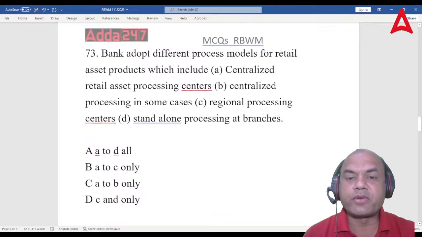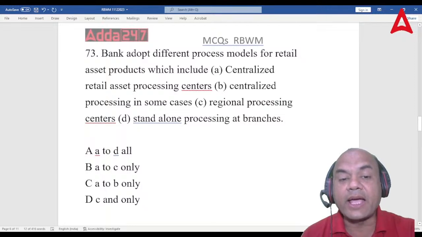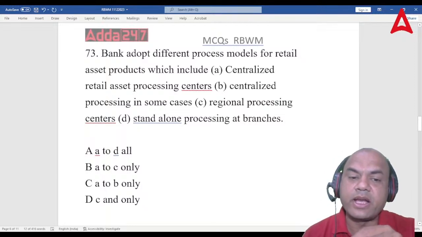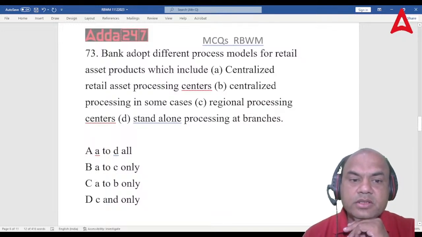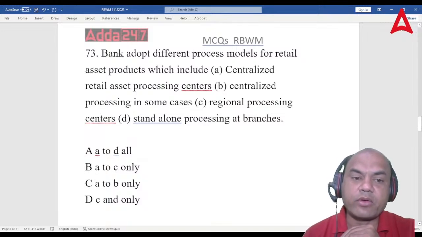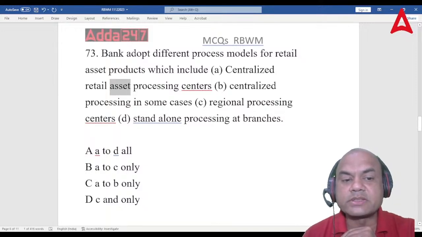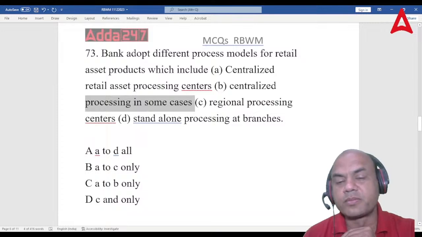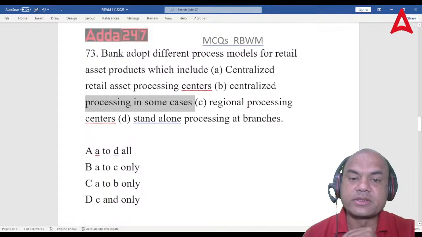Now you'll see the difference between A and B. In A we are only focusing on assets, loans. But here we are focusing on loans as well as deposits, assets and liabilities both.